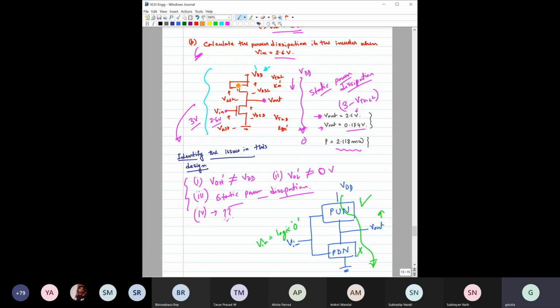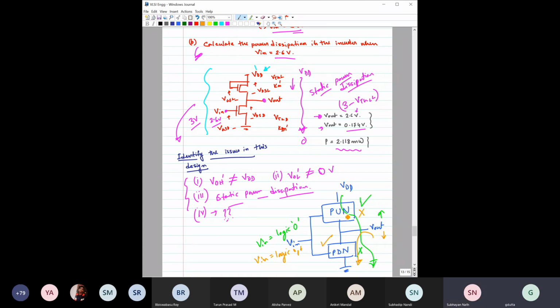But if you give V in equal to logic 1, you are expecting this voltage to be low, the logic 0. So you want this capacitor to be discharged by the pull down network. In that case, only the pull down network would be on.